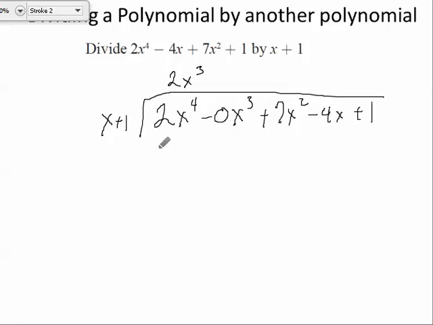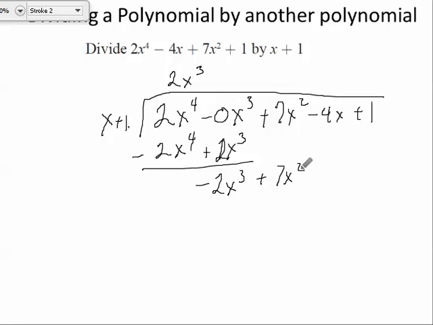Because 2x cubed times x gives me 2x to the 4th, and plus 2x cubed, because I'm multiplying that times 1. So when I subtract this, that goes to 0, and this becomes a minus 2x cubed plus 7x squared.